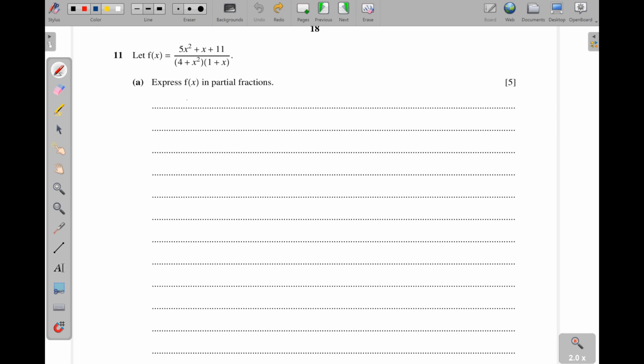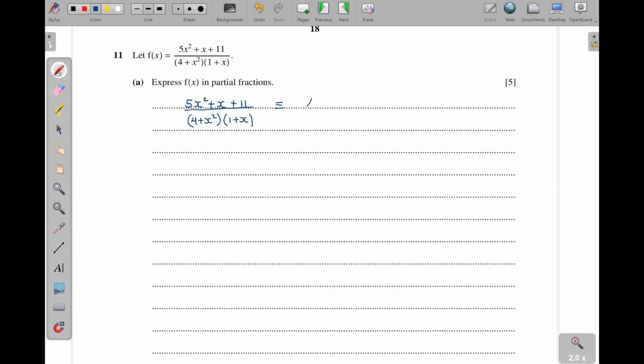Now, this is 5x squared plus x plus 11, over (4 plus x squared), I will close the brackets here, then (1 plus x).